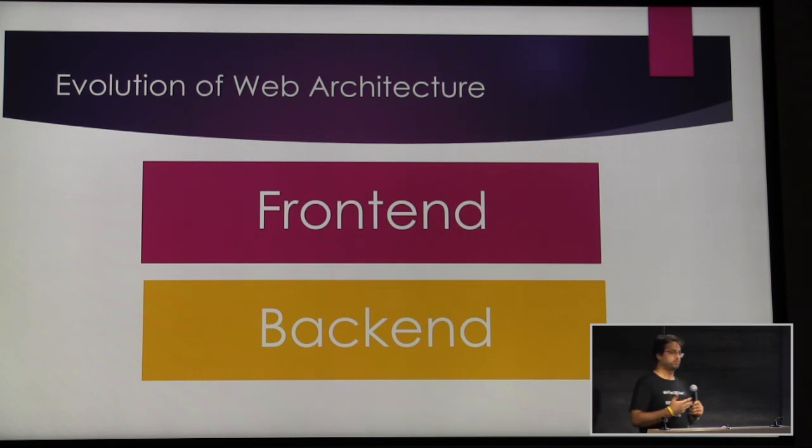So we have a separation of concerns here. And this is also the time when we saw the emergence of SPA applications, like Angular, React. And this has been working pretty well even now. I guess this is probably one of the more popular ones.